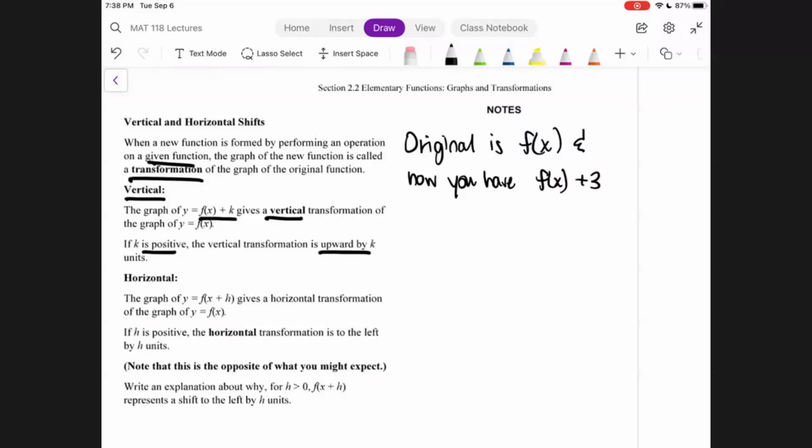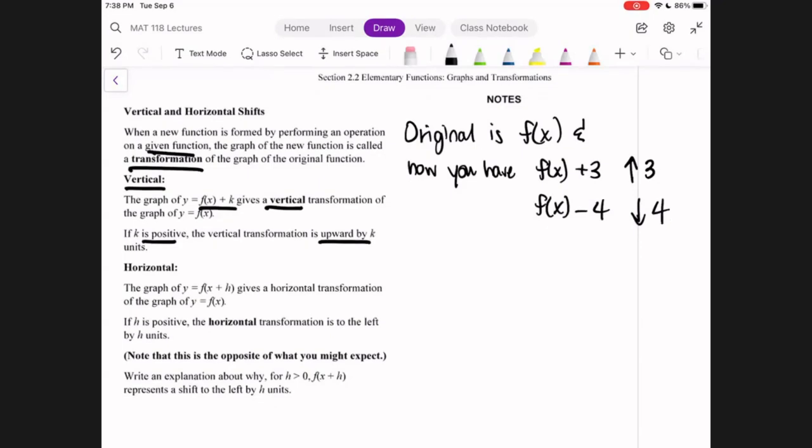What is that? How would that change from the original? So this just means you go up 3. The whole graph will shift up 3. Suppose if I have this and I subtract 4 on the outside, that means the whole graph will shift down 4 units. So what this is talking about, what happens is if you're looking at the graph.